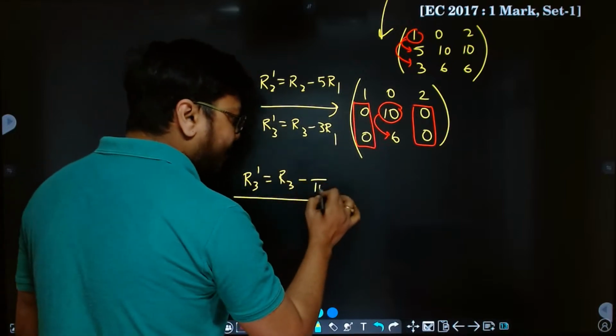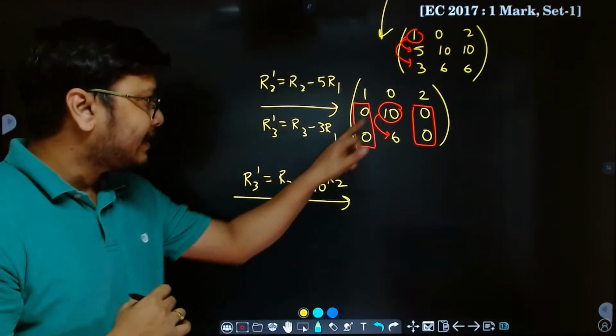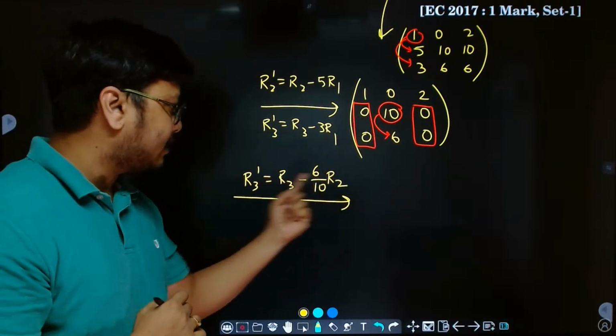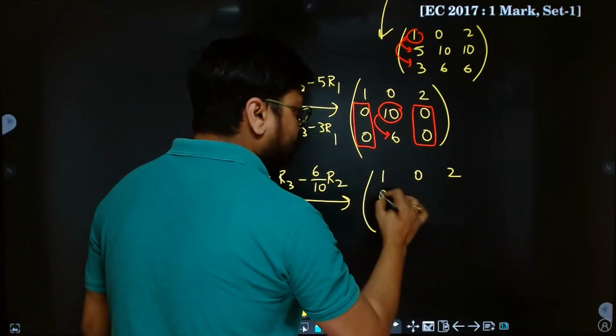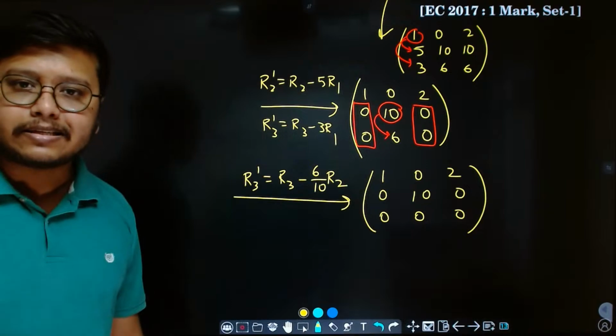So first I have to divide by 10, multiply with 6 and multiply with row 2. So 6 by 10 multiplied with row 2 will make this position 6. Now if I subtract this value from R3, that will be 1, 0, 2, 0, 10, 0, 0, 0, 0, and we cannot make anything else completely 0.